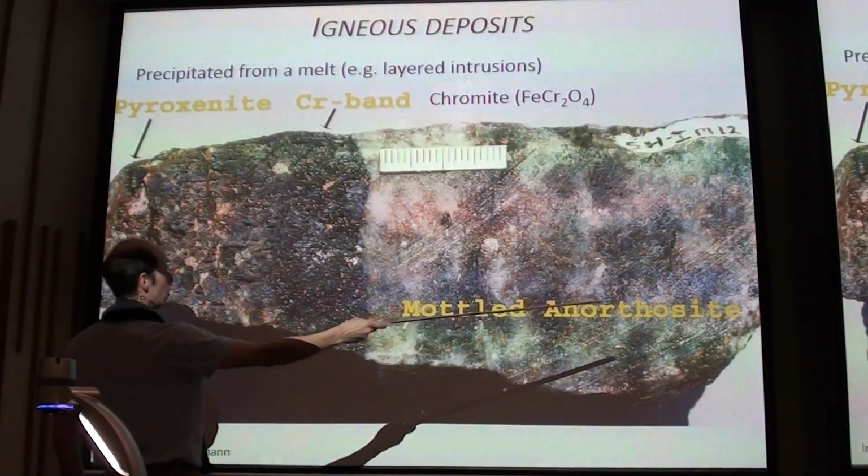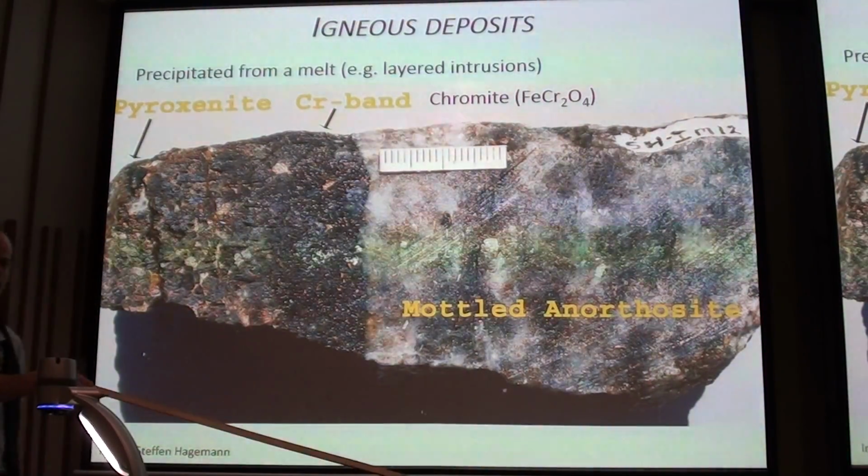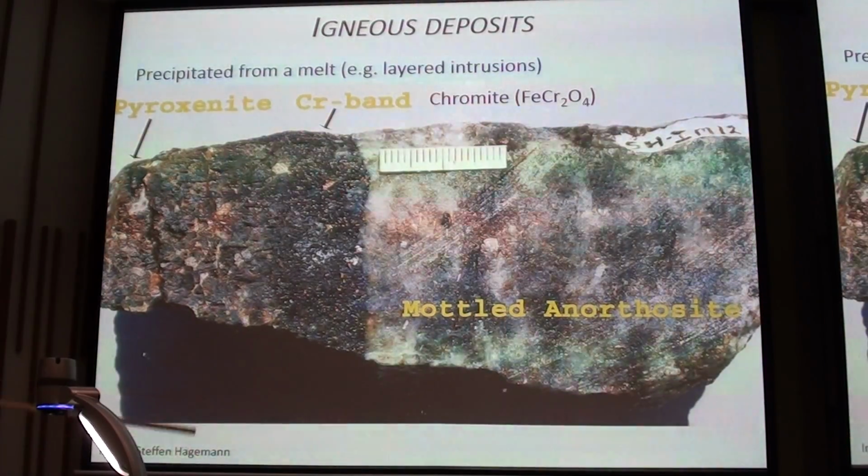This layer is anorthosite, which is a cumulate of feldspars, then here a band of chromitite, which is a cumulate of chromite, and above it pyroxenite, which is a cumulate of pyroxene. So you can imagine a magma chamber where different minerals were settling at different times.